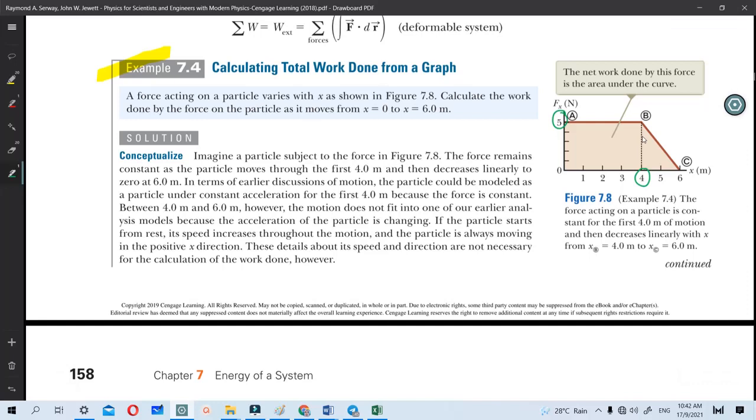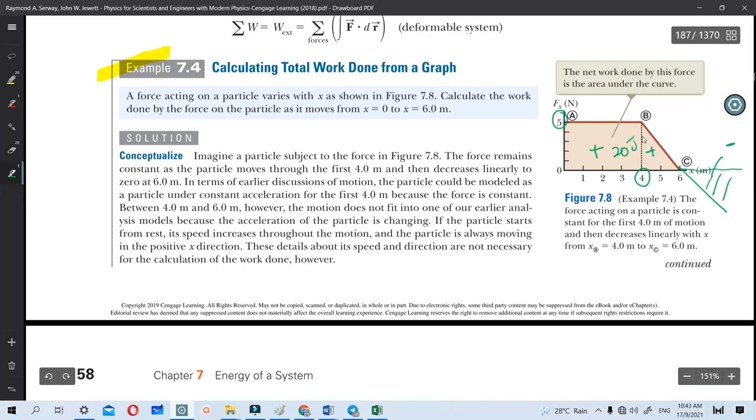Consider the direction as well. In the case that the direction of force is negative, you will find that the graph would be somewhere below, so this is a scenario where work would be negative. But in this case, this is positive work and this is positive work. So 5 times 4 is 20 joule.